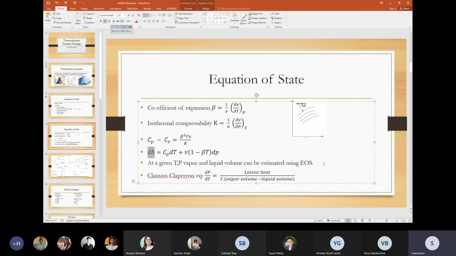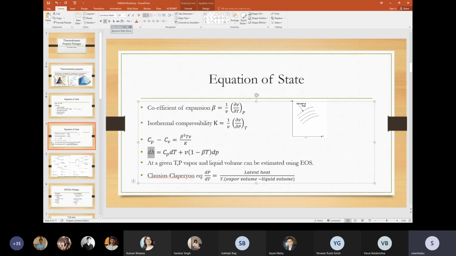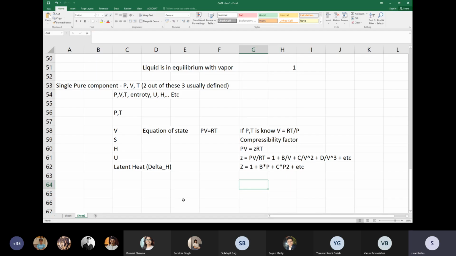An equation of state is a cubic equation. If you simplify any non-ideal equation of state, it will become a cubic equation in terms of volume. Every cubic equation has three roots, so three volume values will come: V1, V2, and V3.